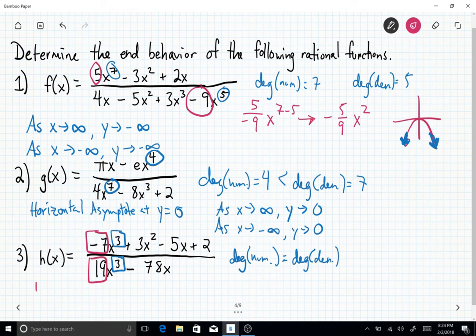We have a horizontal asymptote at y equals, well, you just take the coefficient for the numerator, you write that, and then you divide by the coefficient for the denominator, and you're done. Simple as that. So in this case, if you were to write this out, as x goes to infinity, y goes to negative 7/19.